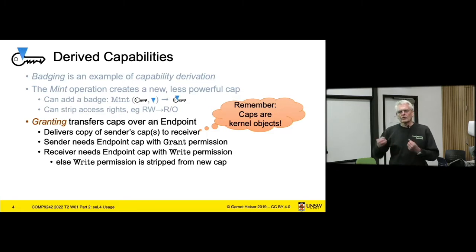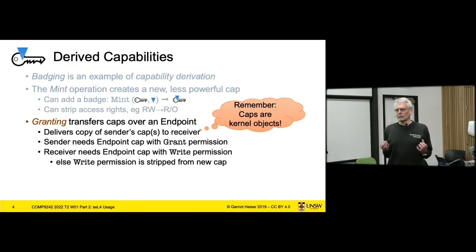In order to be able to grant capabilities over an endpoint, you need more than just the normal invocation rights on the endpoint. You need what's called the grant right. So grant is meant to restrict the propagation of capabilities. And that's important for reasoning about security in a system, in particular about the propagation of access rights. So granting is an important way of propagating access rights to someone else, right?